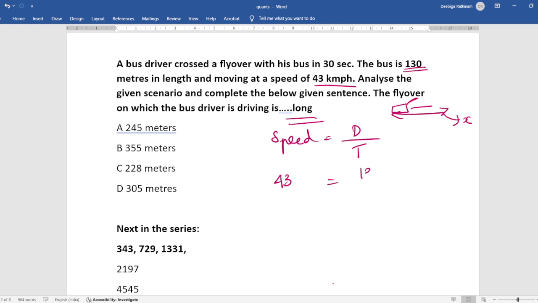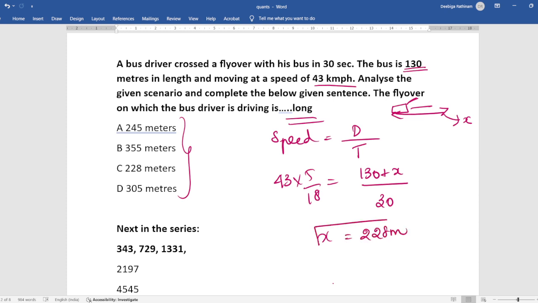So you will get 130 plus x divided by the time, which is 30 seconds. Since the options are in meters, we'll convert kilometers per hour into meters per second, which is into 5 by 18. If you solve everything properly, you will get the answer as 228 meters. Fine, so that is about this particular question.